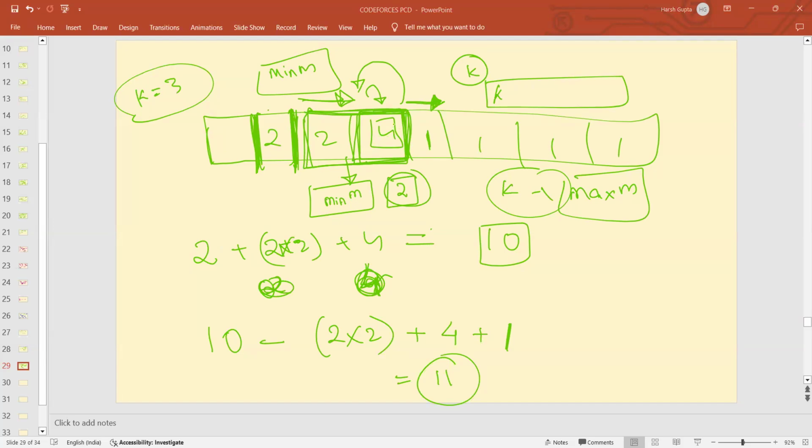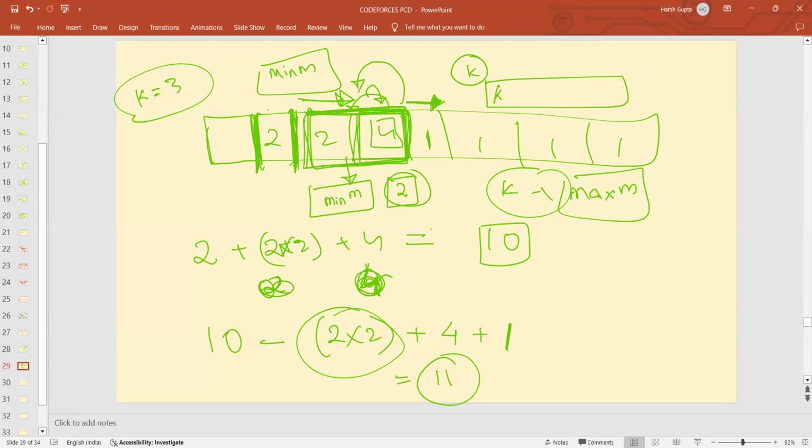Now there is a possibility that the element you chose at the last, you want that element to come in between. So what you can do is remove the minimum of the k minus 1 elements you have chosen, because you don't want your sum to get affected too much. Remove its contribution. And now you want to maximize the sum.